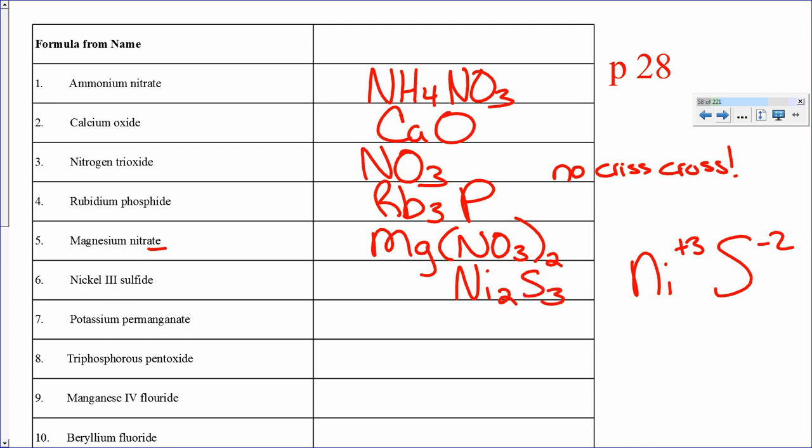So it's important to be able to go back through and really decipher when you're going to be crisscrossing, when you're not. Whenever you have things that are on the same side of the staircase that have prefixes in the name, you will not be crisscrossing. So take a minute, pause, and work through these, and I'll pop the answers up in just a moment.